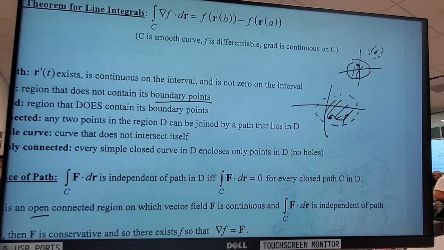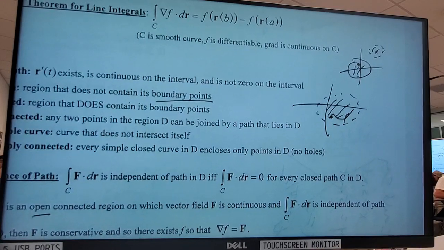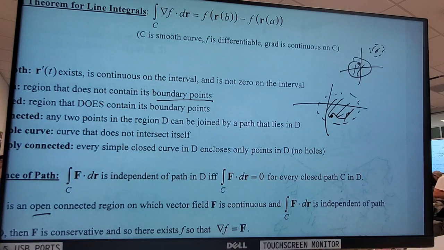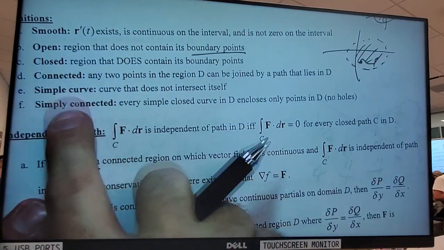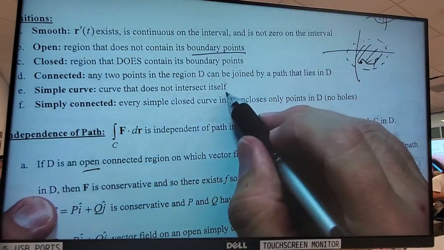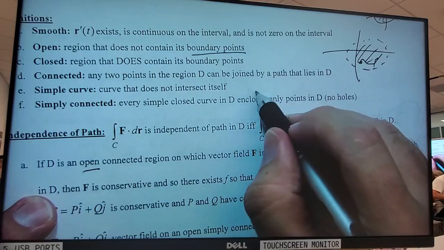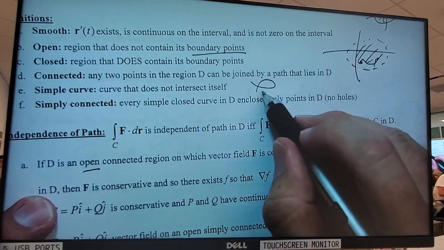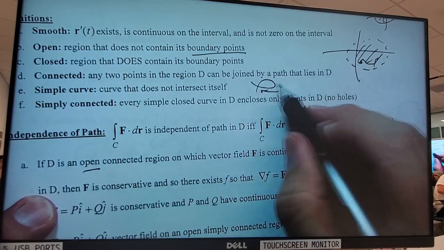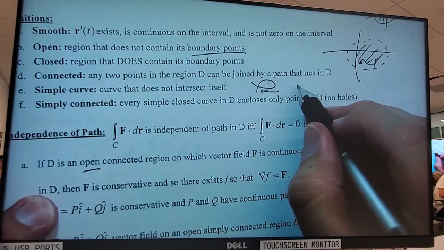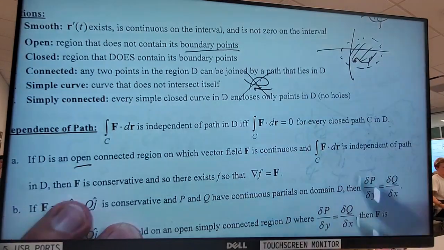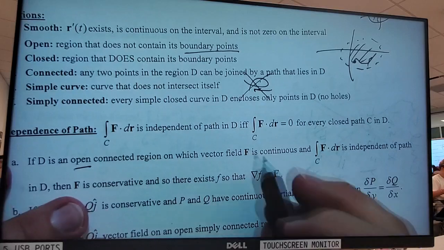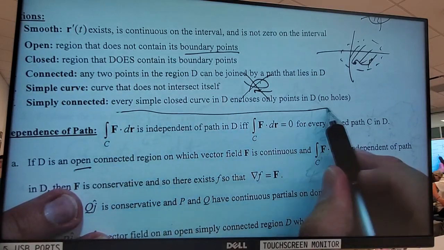So it's kind of like the 3D analog of no jumps, it's got to be continuous. Okay. A simple curve is a curve that does not intersect itself. So this is a non-simple curve. This is also a little fish. So a simple curve just does not intersect itself. So this is bad. Sorry, fish, you're bad. And then simply connected is what I just said here.